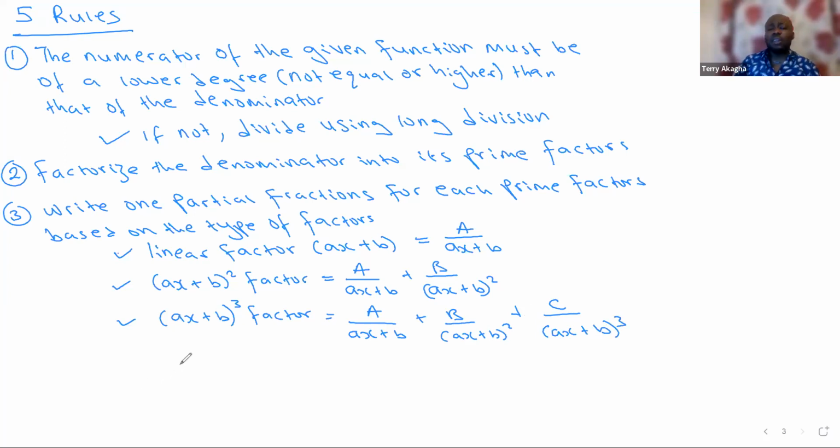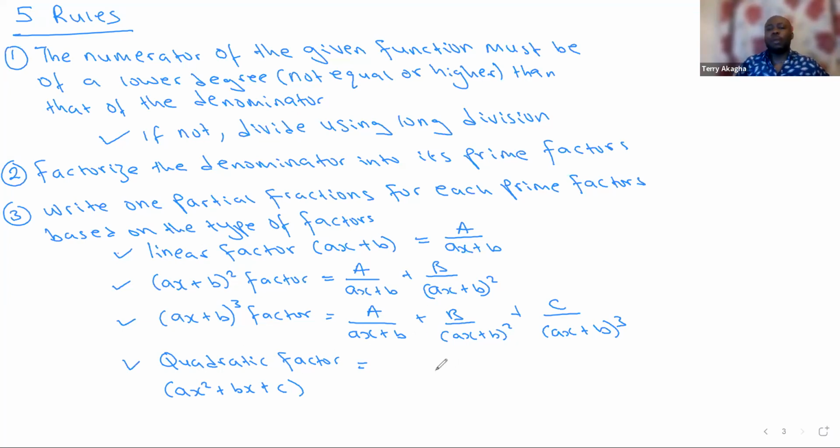Then the last one that I will talk about in this series is the quadratic factor, which is in the form of ax squared plus bx plus c. These usually occur where you can't break down the quadratic into linear factors or (ax + b) squared factors.